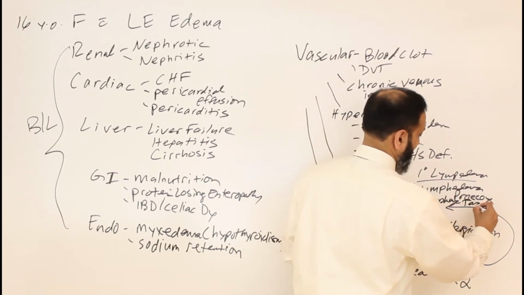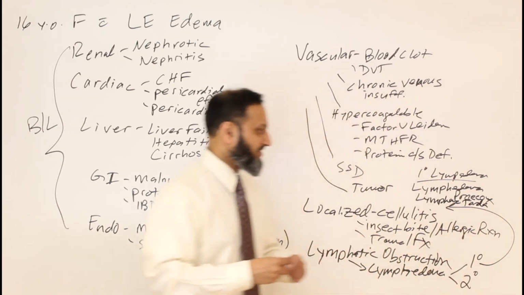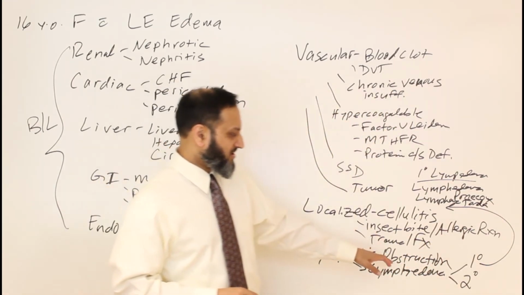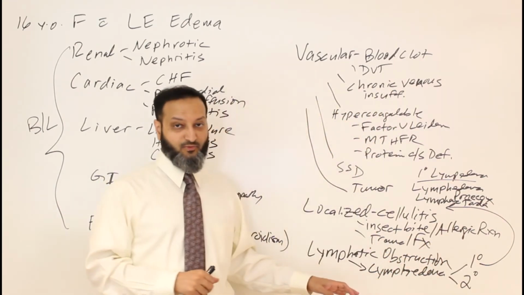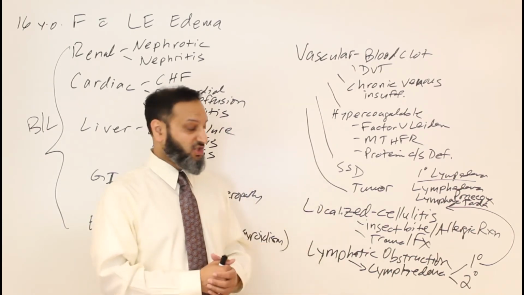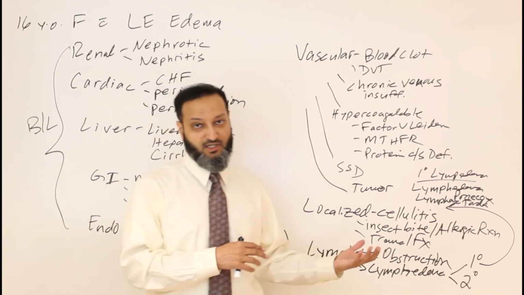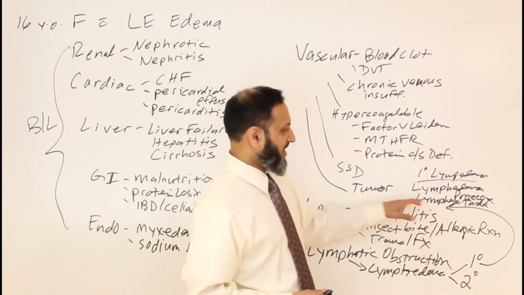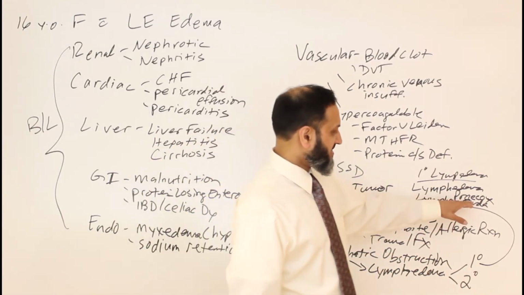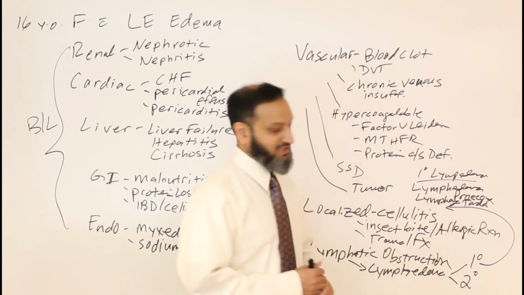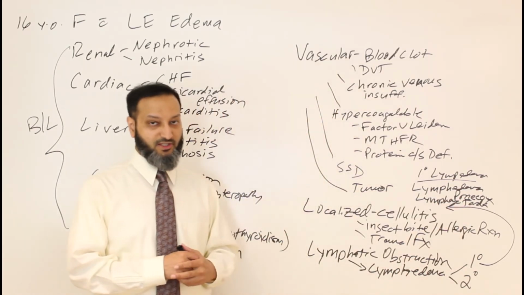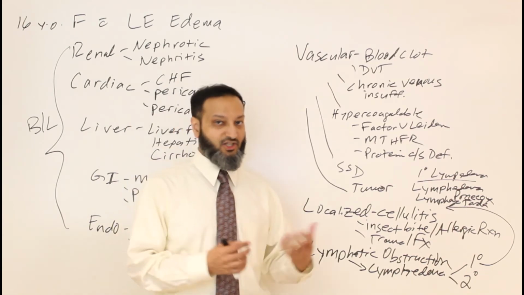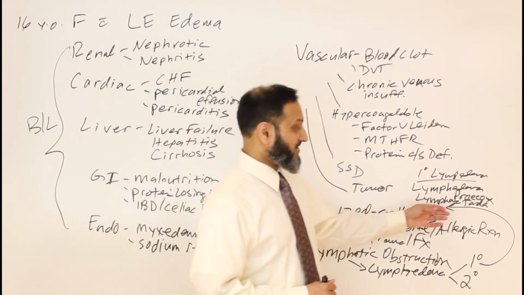So these are the most common causes of primary lymphedema in patients who are in the adolescent age, versus Turner syndrome, which would present more at birth. Lymphedema praecox and lymphedema tarda are the most common causes of primary lymphedema in adolescents and young adults. And the difference here is the age.